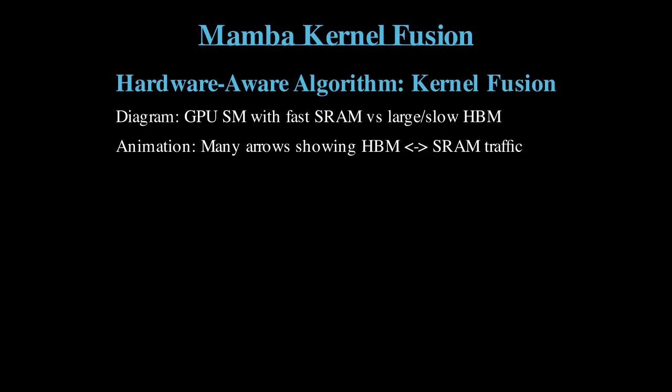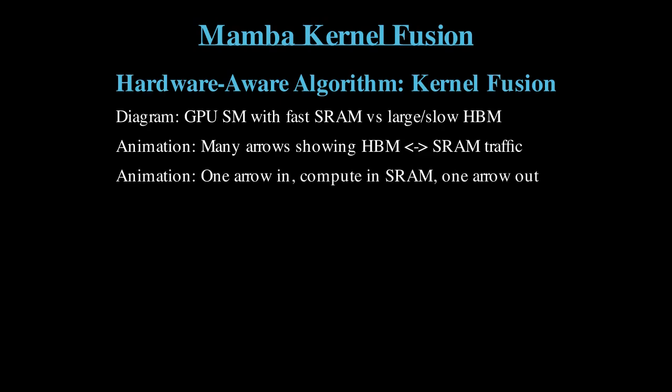Mamba's hardware-aware algorithm is much smarter. It loads the inputs for a sequence chunk from HBM into fast SRAM just once. Then, it performs the entire parallel scan computation using only that SRAM. Only the final outputs are written back to HBM. This also saves memory by never materializing the full convolutional kernel.